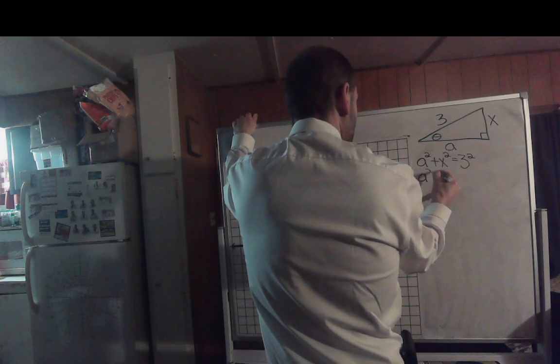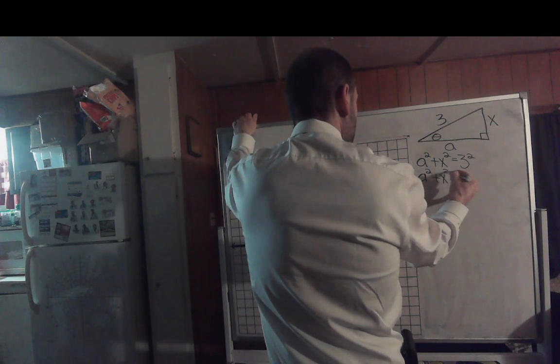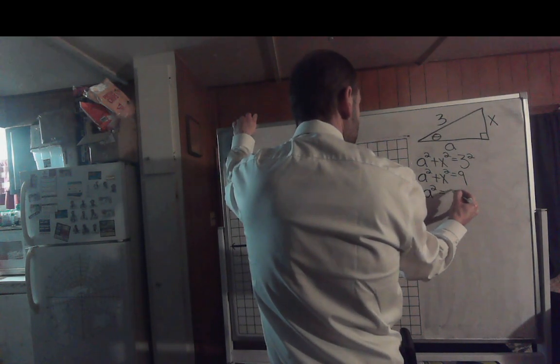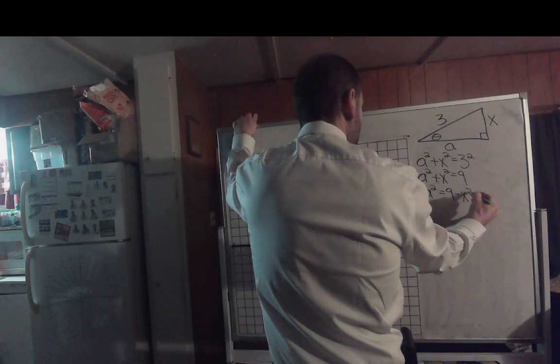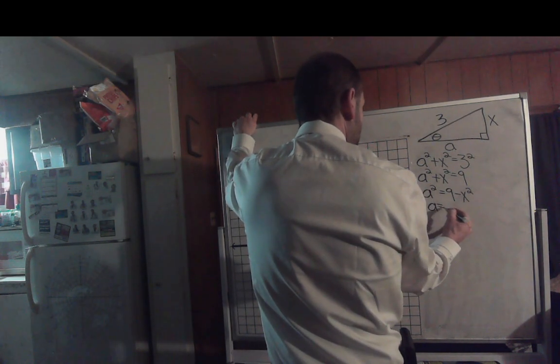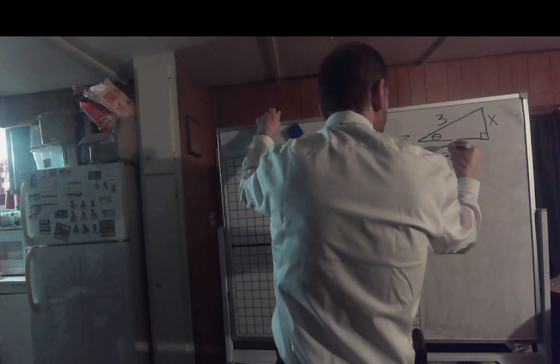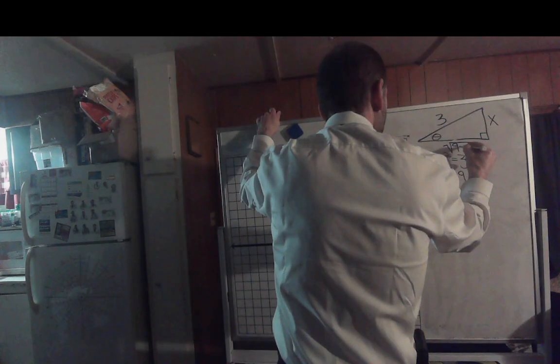So a squared plus x squared equals 9. So a squared equals 9 minus x squared, which would mean that a equals the positive square root of 9 minus x squared. So now I got my length of positive square root of 9 minus x squared.